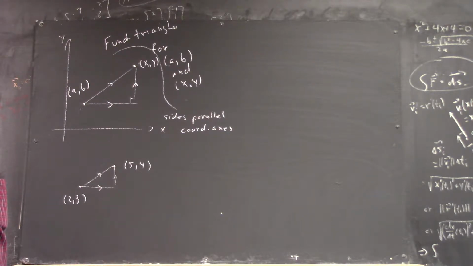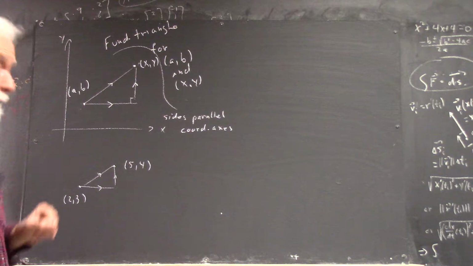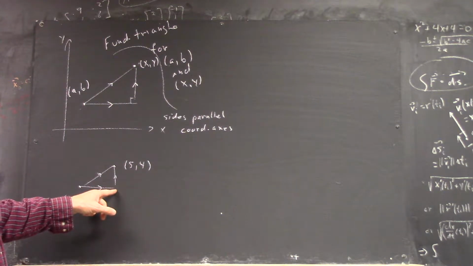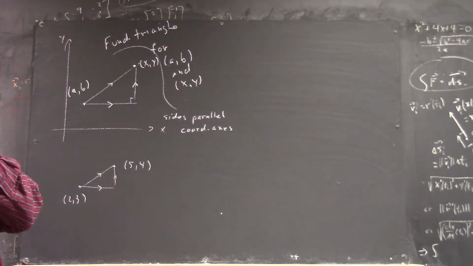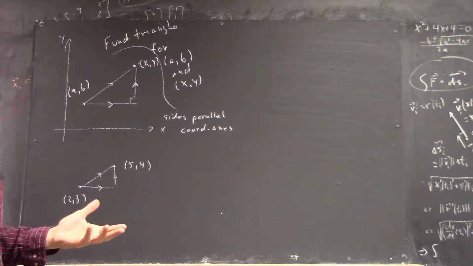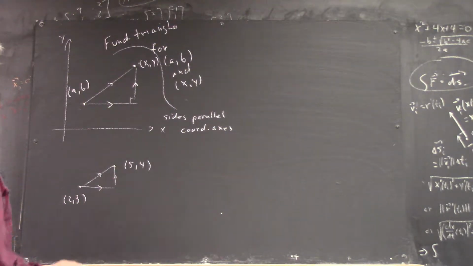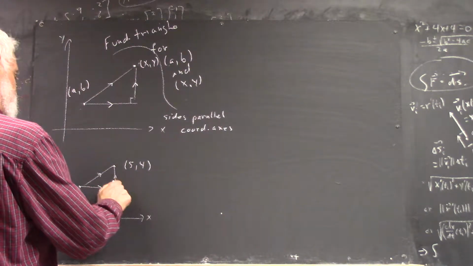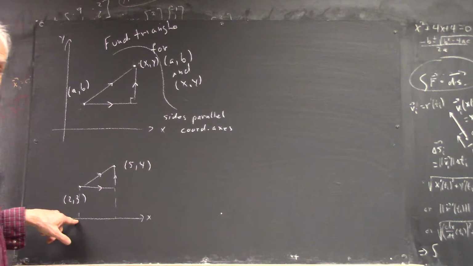Would it be 2? Okay, well, no, but close. Oh, 5? No, to get from here to here, you don't have to go 5 units, you don't go 2 units. How many units do you go? 4? I'm confused. Let's think about it. Here's your x-axis. What's the coordinate of this point?